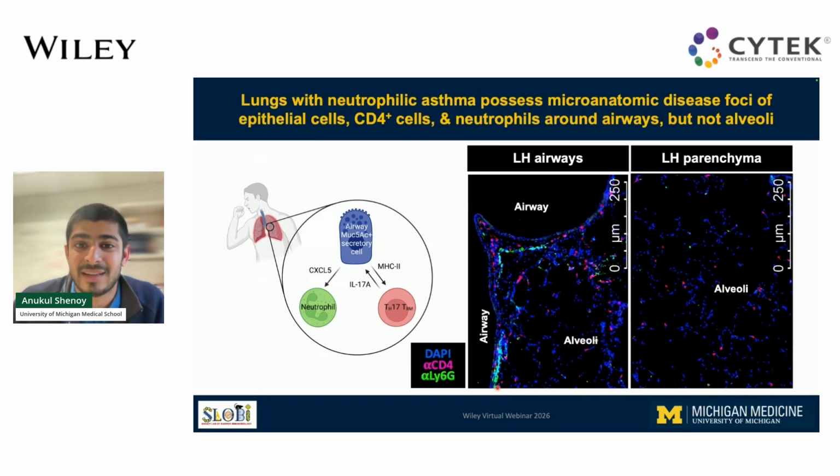And again, we find that in the same lungs, the neutrophils and CD4 T cells usually conglomerate around the airways, but the alveoli in this exact same mouse do not have this neutrophil influx visible, suggesting that these epithelial cells are what is orchestrating this influx of neutrophils and T cells and their conglomeration around the airways.